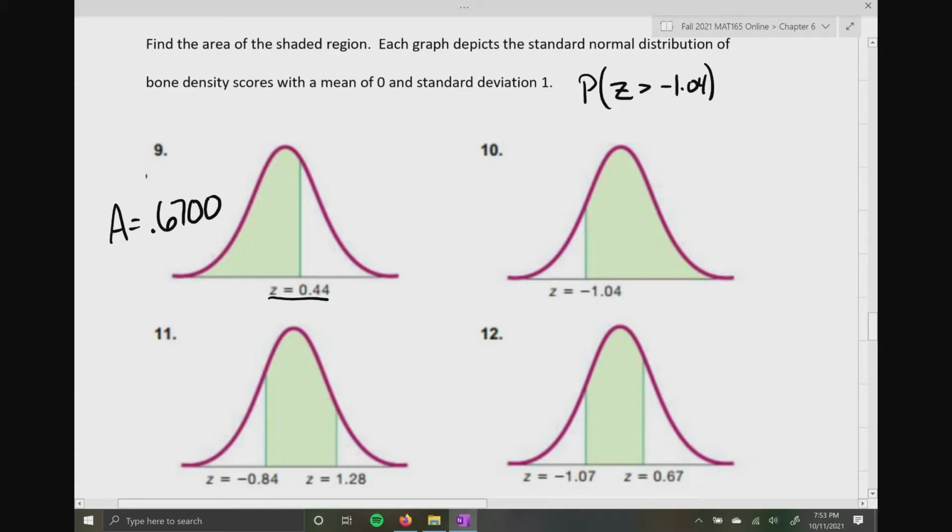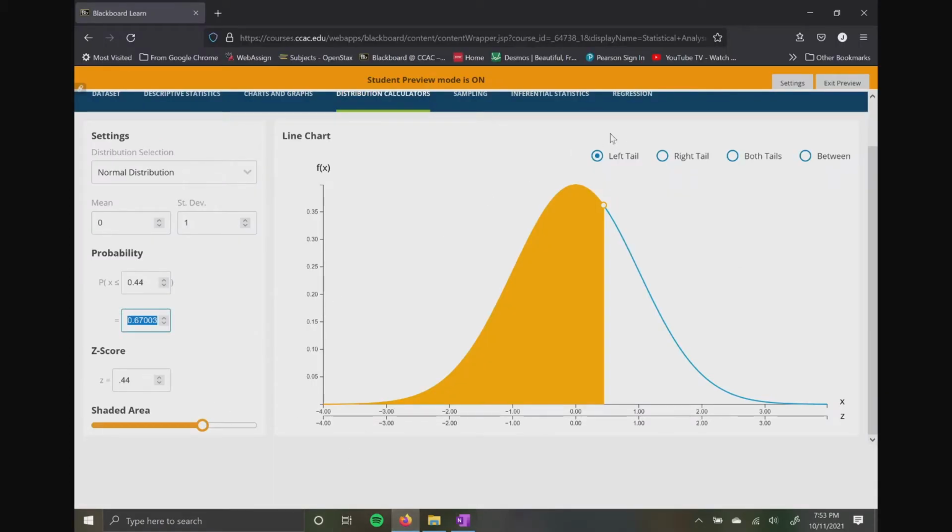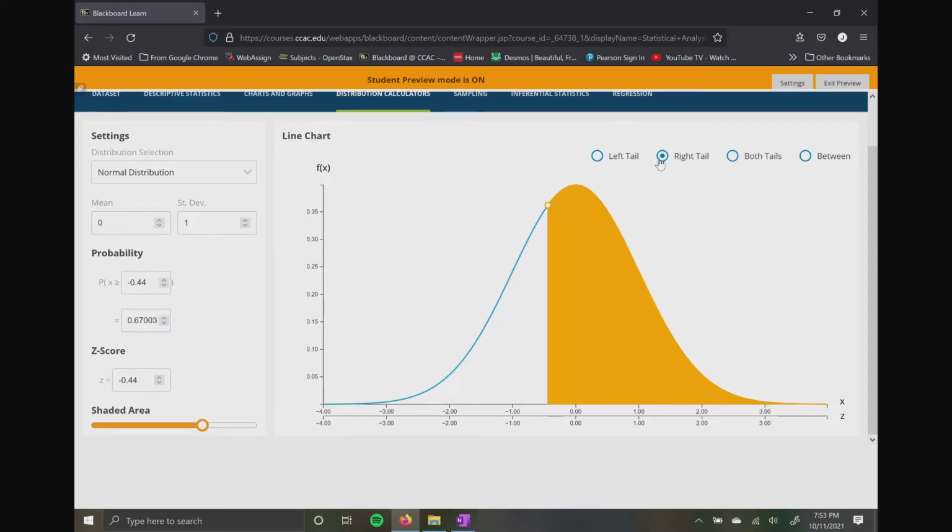So let's go back into salt. Now, we want the area on the right-hand side, so we're going to click on right tail. And then we just come down here to our z-score, and we're going to type in negative 1.04. Okay? And notice that, was it 1.04? Yeah, just making sure. And notice here that the area is 0.85083.